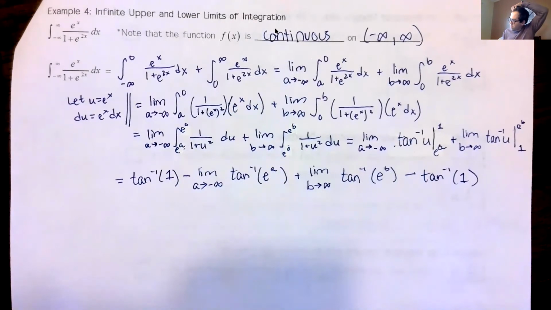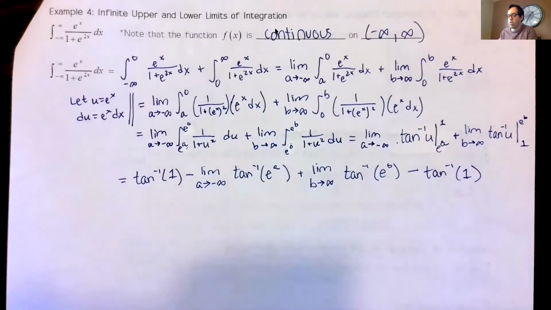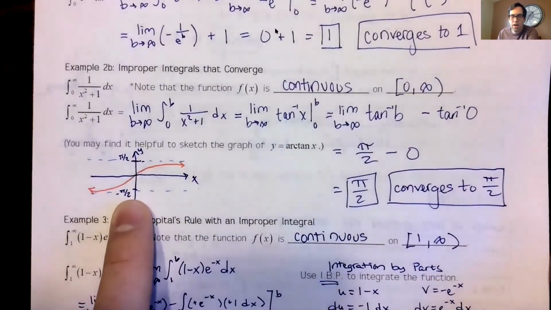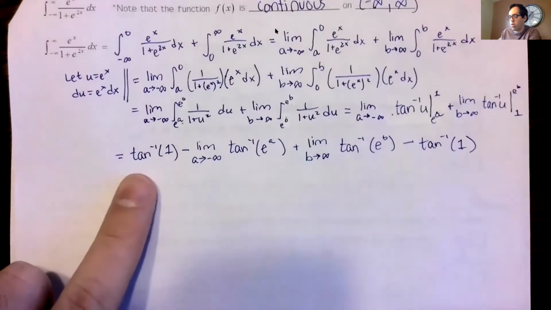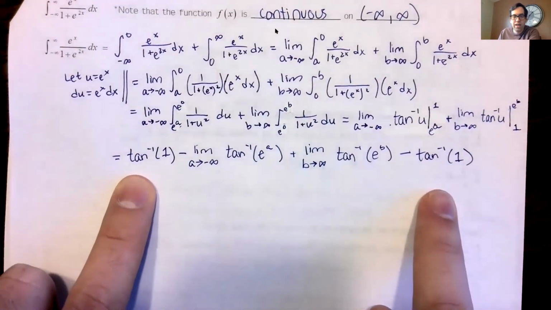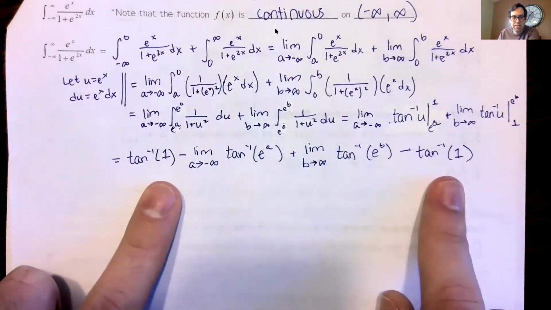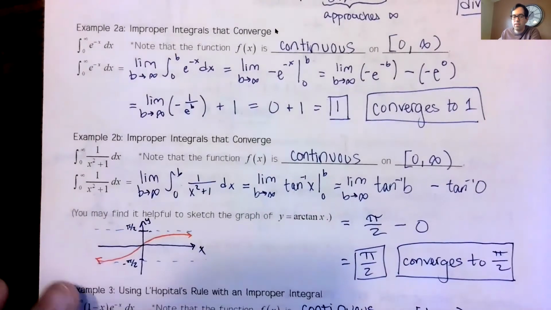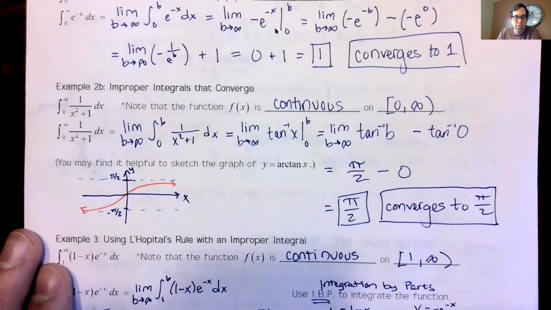Okay? So I need to make sure that every single piece of this doesn't equal infinity, or else we're going to have problems. So let's back up a second. We're looking at arctan again. We made a really nice sketch of arctan over here. The first thing I notice is that I have arctan of 1 minus arctan of 1. Hey, wouldn't it be really nice if that canceled out? It seems like it does. The only thing I want to make sure is that neither of those terms equal infinity, because then we have a problem.